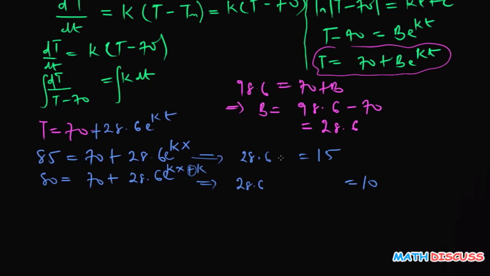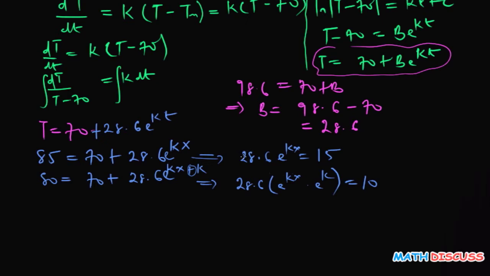So that's 28.6 e to the power kx, and this is 28.6 into e to the power kx times e to the power k. So this is what we have.